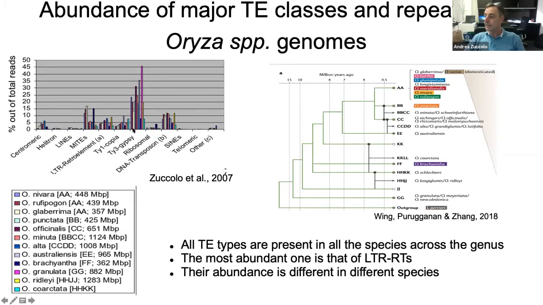In analyzing them, we were able to prove that all the T types were present in all the species we considered across the genus, that the most abundant of these types is that of long-terminal repeat retroelements, and also that the abundance of these Ts differed between species.